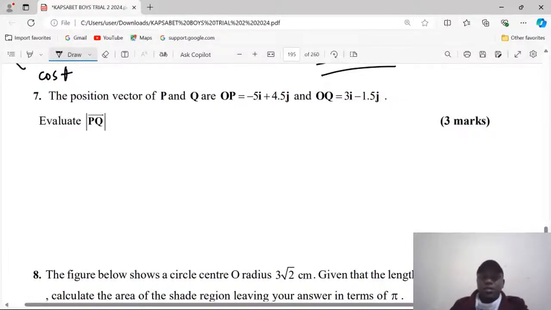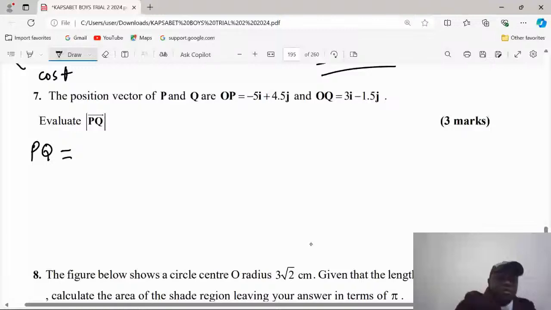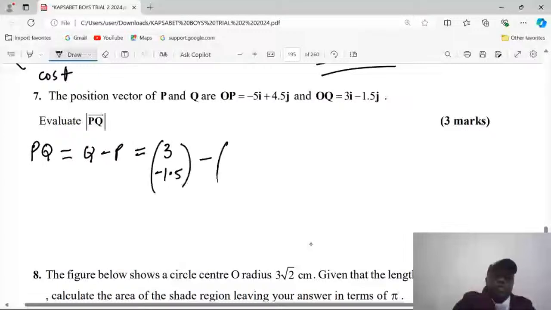The first assignment here is to evaluate the vector itself, vector PQ. We get the vector PQ as Q minus P. I'm making them column vectors, and we subtract P, negative 5.